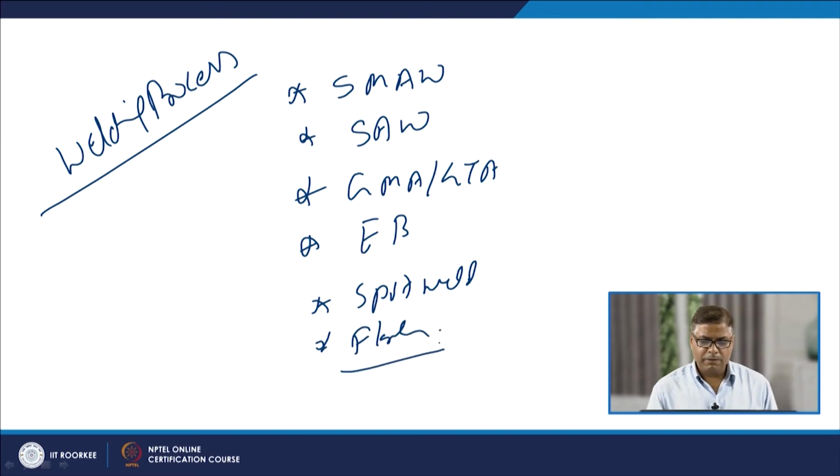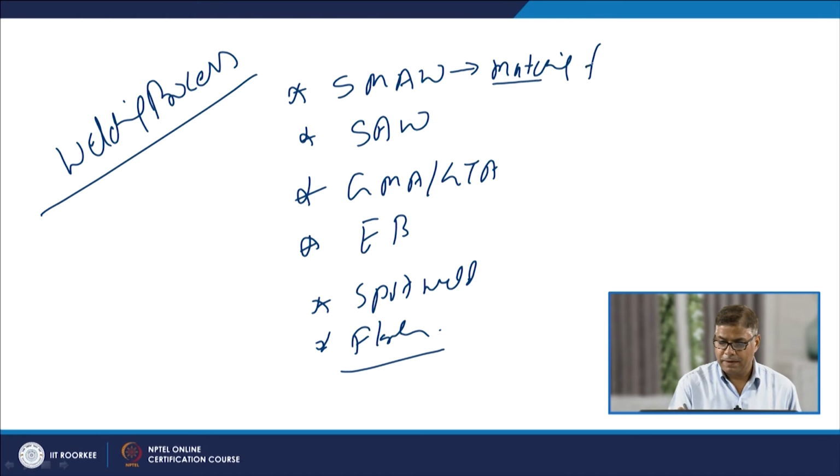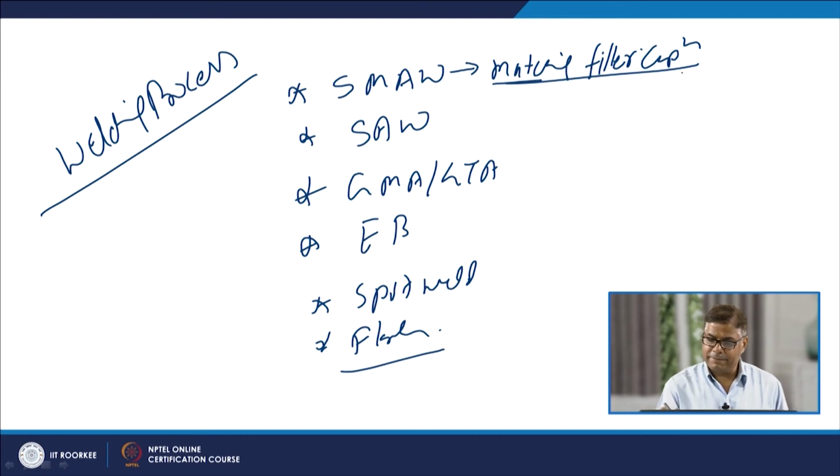When we are working with SMAW, normally we choose a matching filler or electrode composition, and once we have this, a suitable PWHT will help in realizing a joint with the required set of properties across the plates being joined.